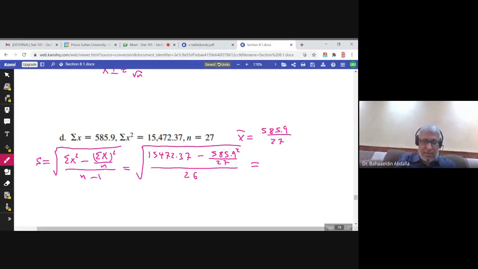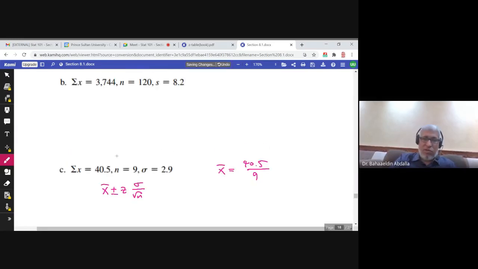s. So here it is important to memorize the formula of the standard deviation. You divide by 26, you take the square root, and the answer is 10.3. So s is 10.3.